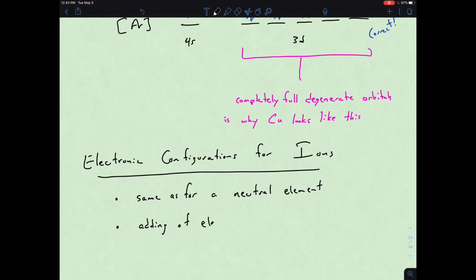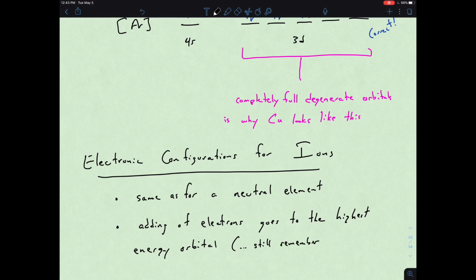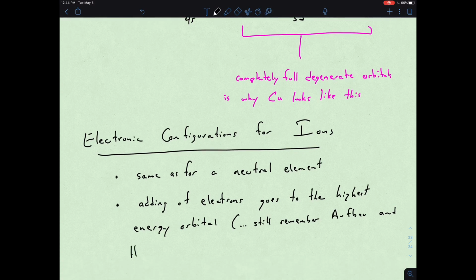Adding of electrons goes to the highest energy orbital. You still want to remember Hund's rule, or really both: Aufbau for the highest, and Hund's as far as where you're going to put that if you're in a degenerate set.